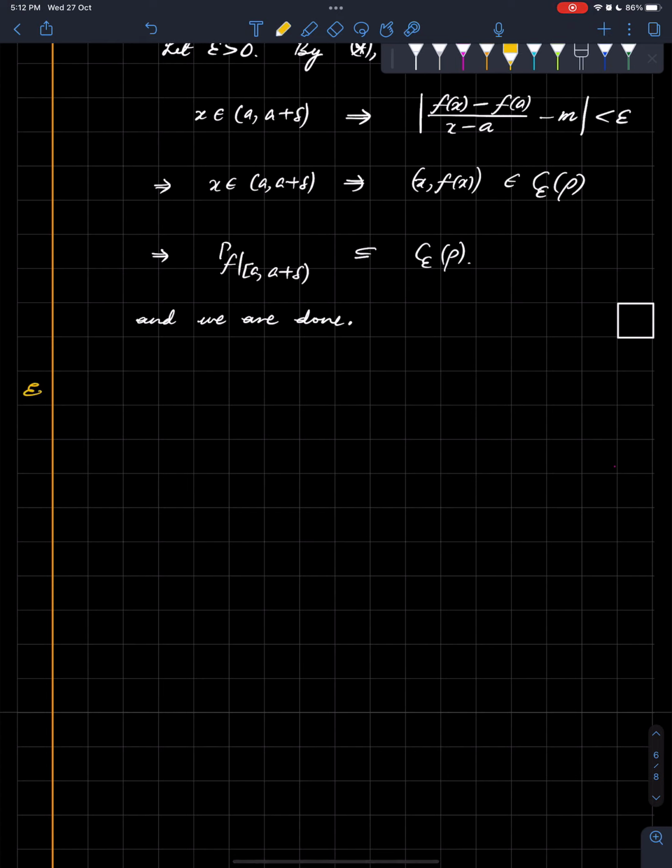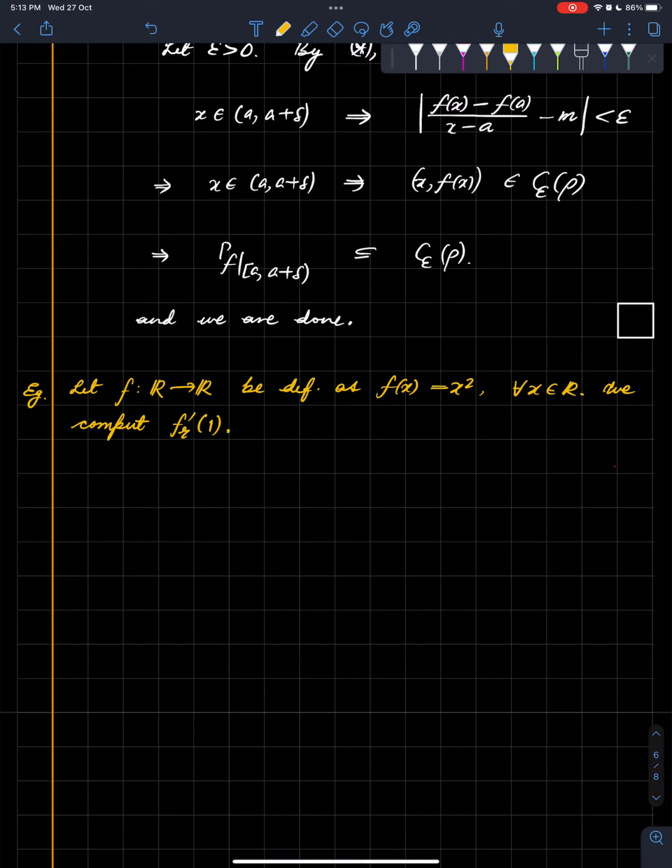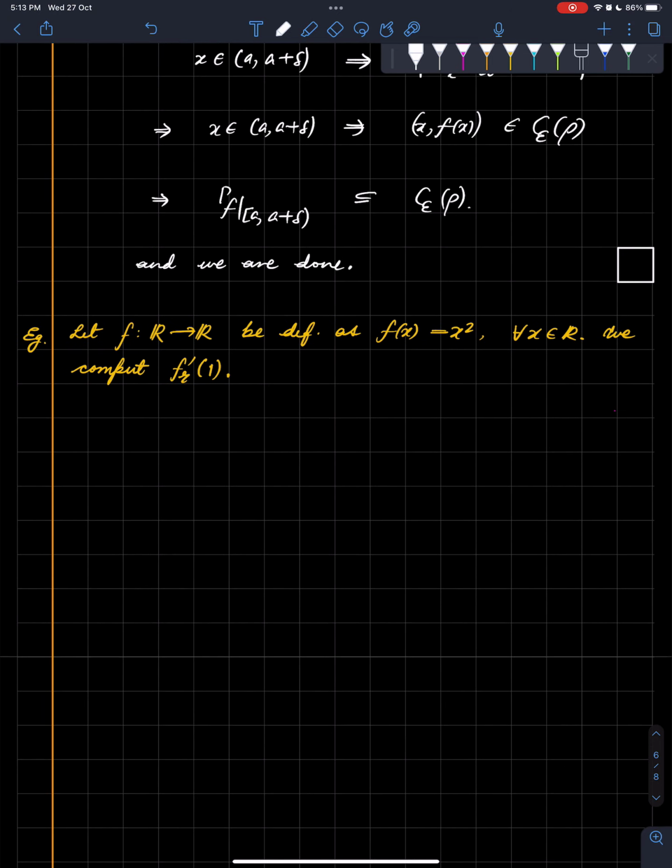So now let us go into the example. So let f be defined as our favorite function, f(x) equals x squared. Then we compute this limit. We don't even know a priori if it exists, but the course of the computation will show that it does exist.